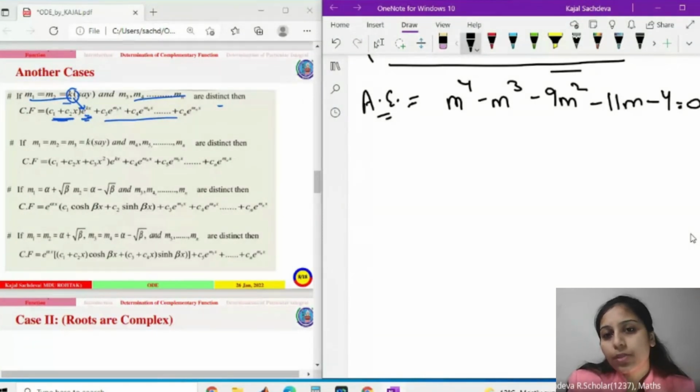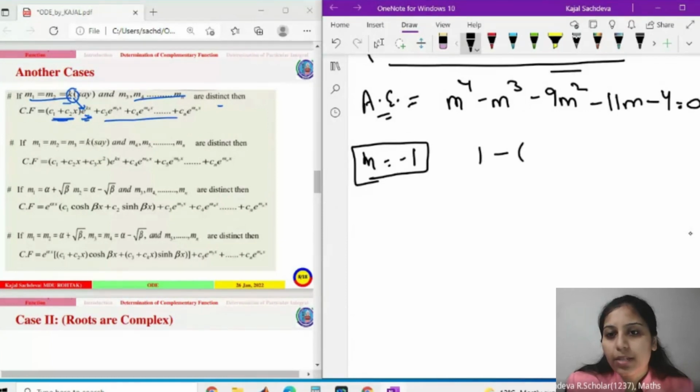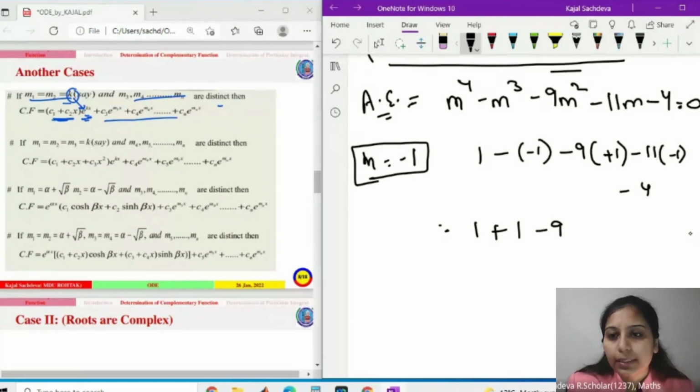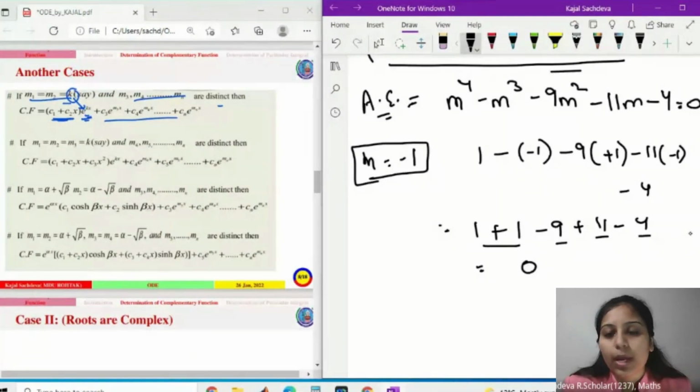But if we use m is equal to minus 1 here, we get 1, minus 1 cube is minus 1, 9 into minus 1 square is plus 1, minus 11 into minus 1, minus 4, which is 1 plus 1 minus 9 plus 11 minus 4. So here we can see 13 and negative of 13, which will be equal to 0. So m is equal to -1 is one root.